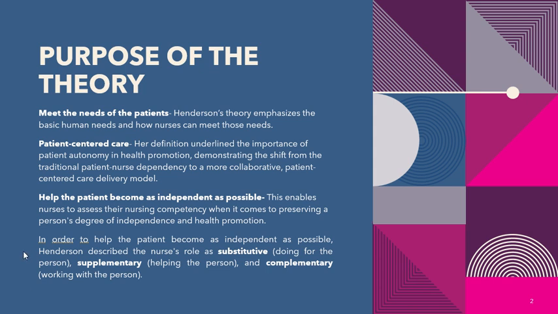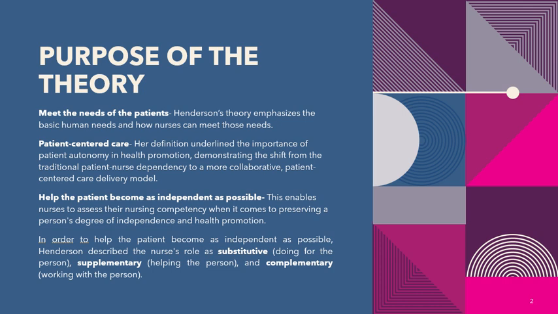In order to help the patient become as independent as possible, Henderson describes the nurse's role as substitutive, which is doing for the patient, supplementary, helping the person, and complementary, working with the person.